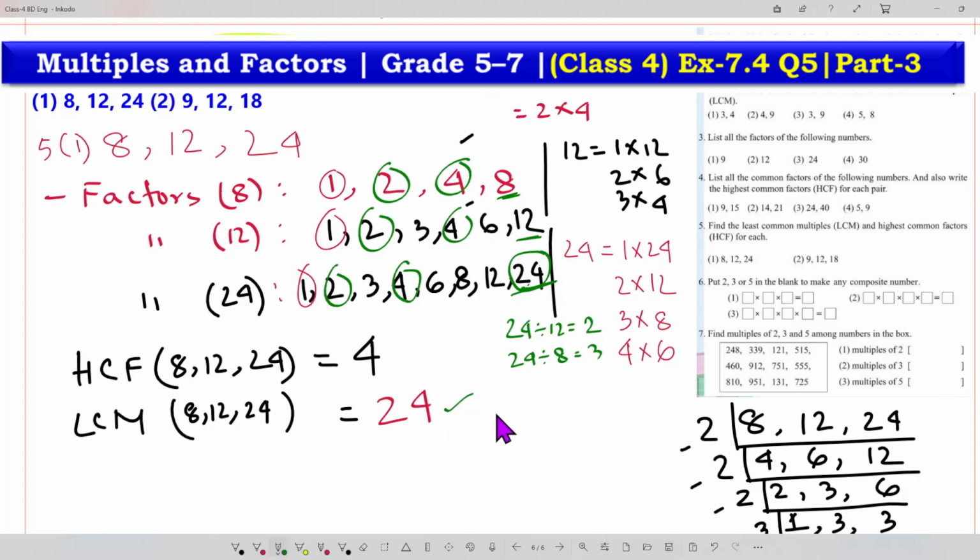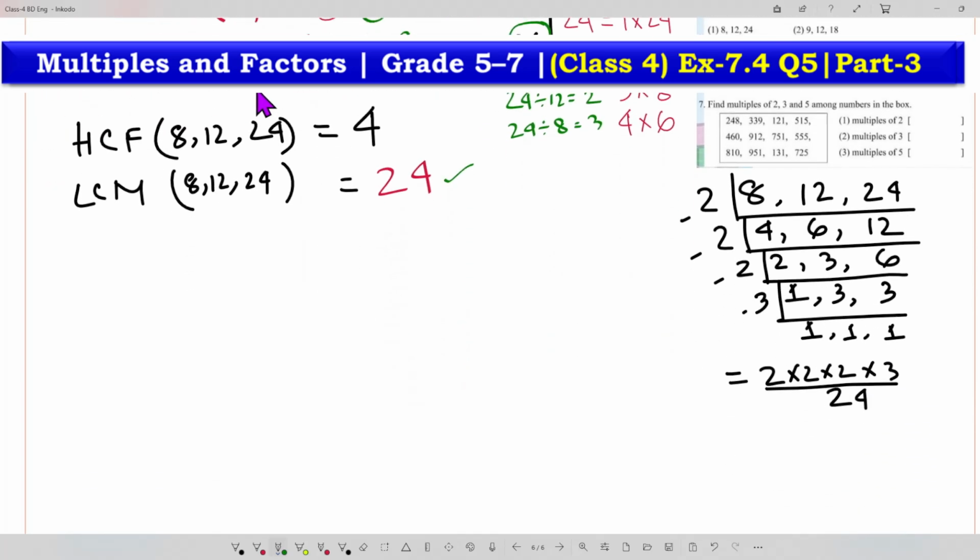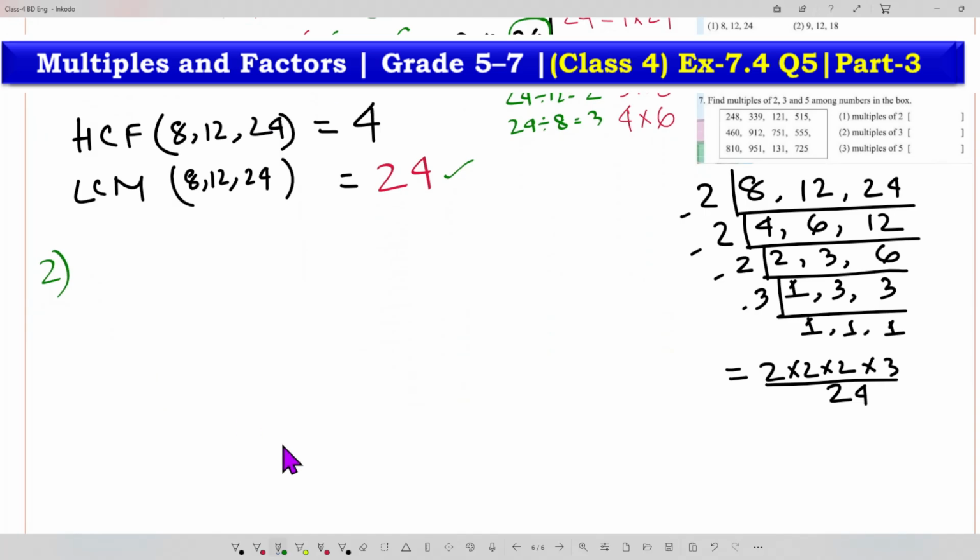So next part, once we practice, everything will be clear, which is number 2: 9, 12 and 18.